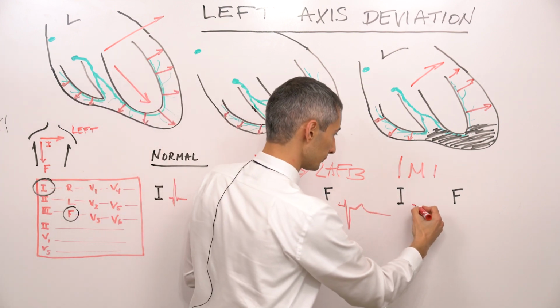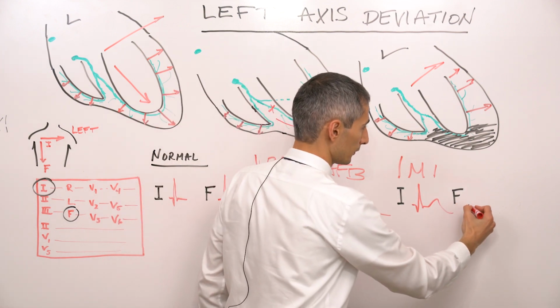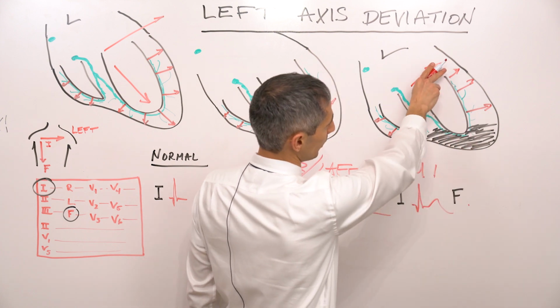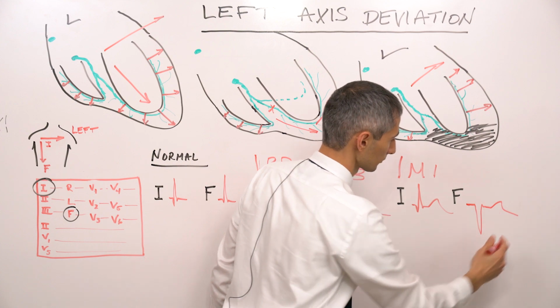So in lead 1, you're just going to have a positive depolarization. And then lead aVF, again, aVF points down, you're depolarizing upwards, you're going to have a negative depolarization.